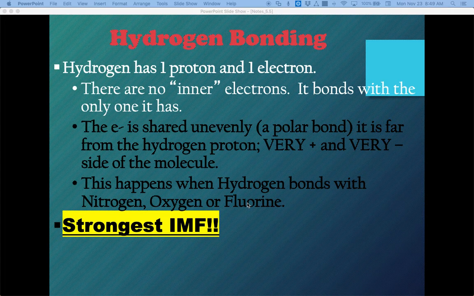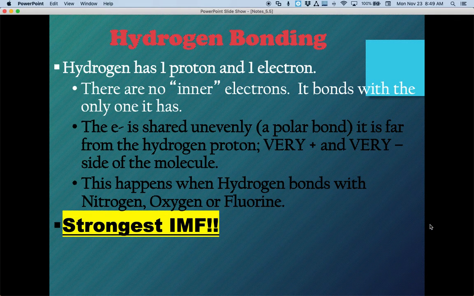They have to be bonded together. And the reason is because nitrogen, oxygen, and fluorine, one, are the three most electronegative atoms on the periodic table, and two, they have lone pairs. And so that creates this unique situation, and hydrogen bonding is the strongest IMF there is.